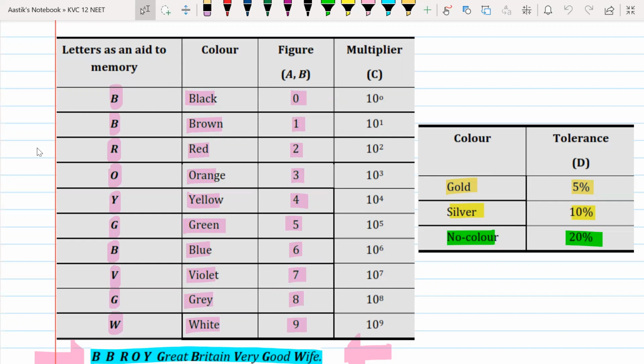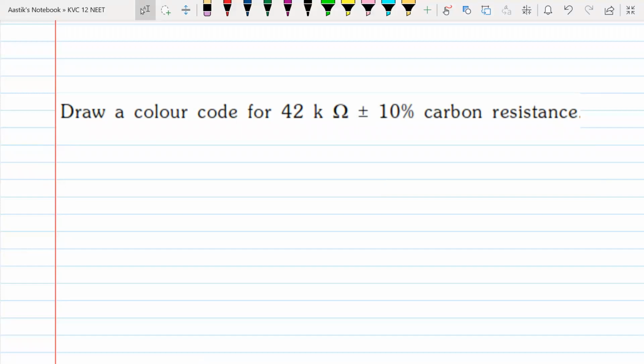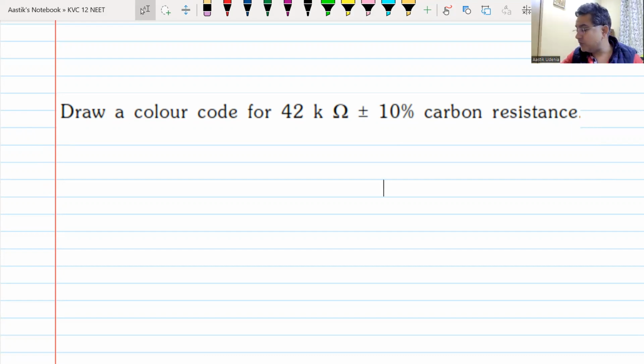What will be the color code of this one? The question is: draw the color code for 52K. K means 1000. 52,000 ohm, plus or minus 10%. Can you tell me what would be the color code of this? I'll give you 2 minutes to give me the answer.